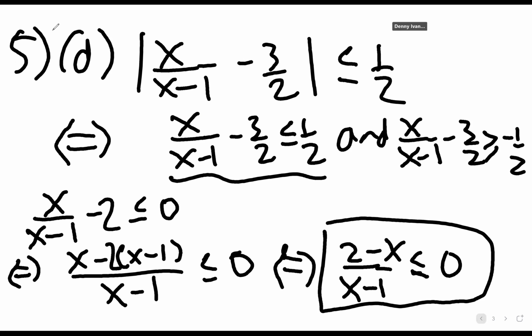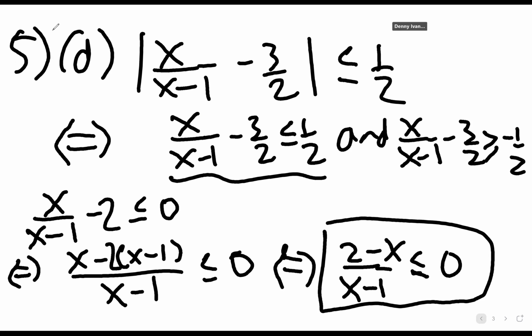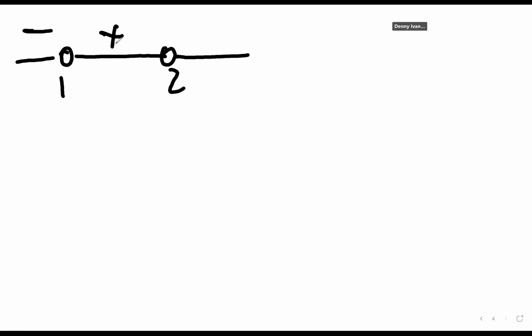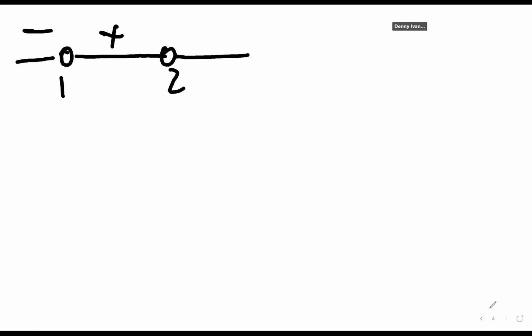And if x equals 1/2 there, the sign is positive. X equals 3, for example, the sign will be negative. So the solution set from the first inequality is the union of the intervals minus infinity, comma 1 and 2, comma infinity.